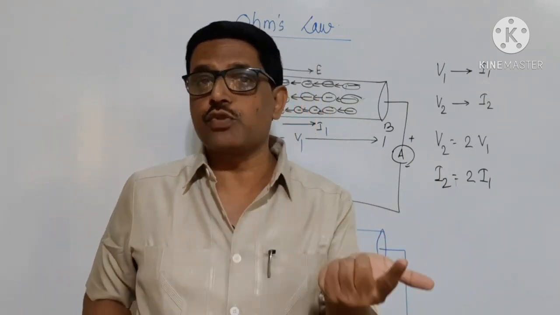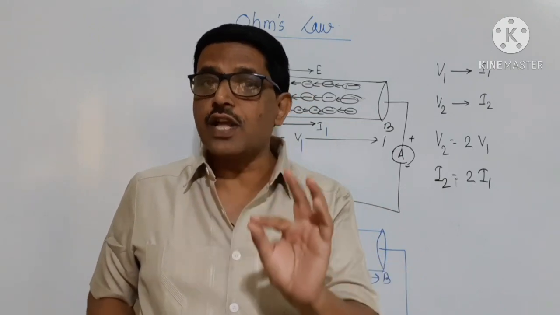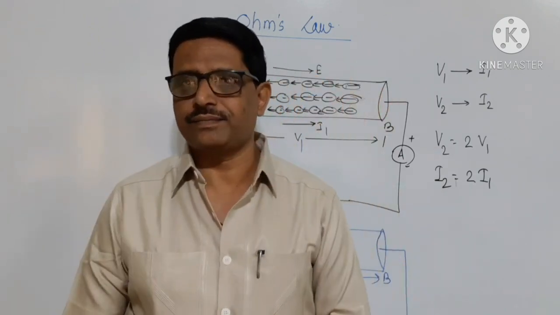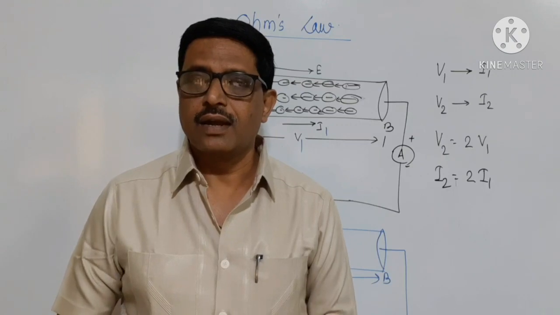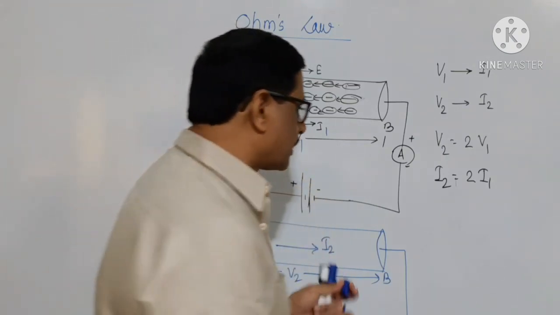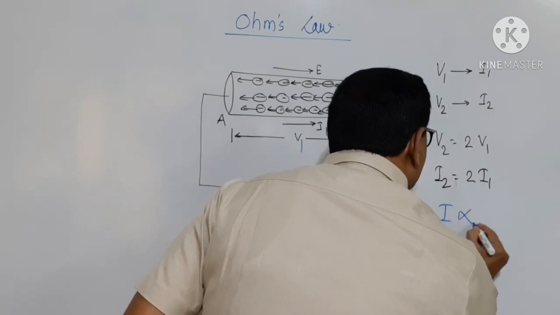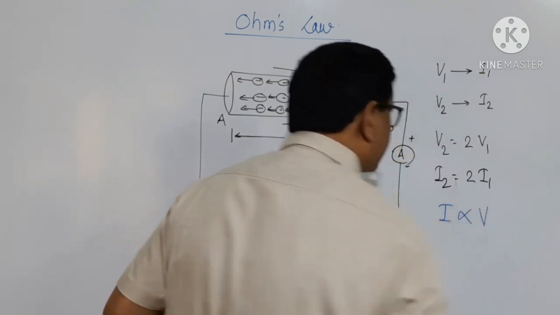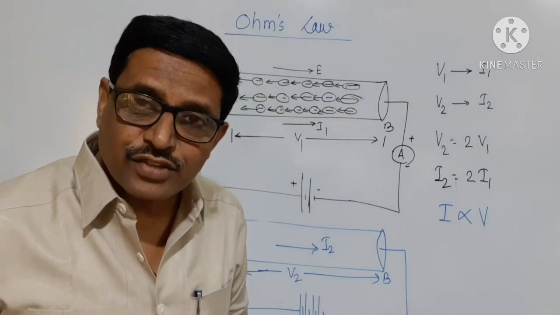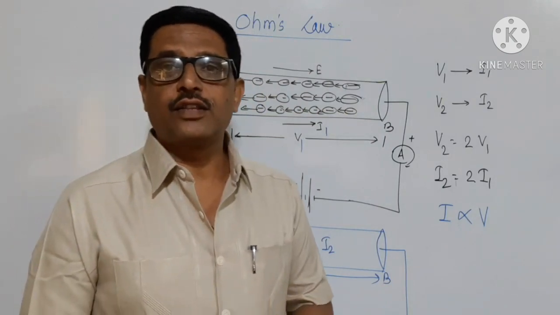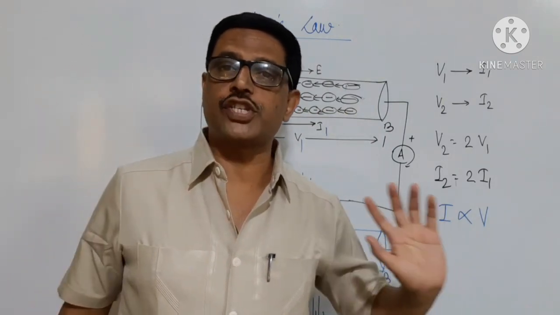This relation is Ohm's law, and Ohm's law states that the current flowing through the conductor is directly proportional to the potential difference across the ends of the conductor as far as the physical state of the conductor remains the same.